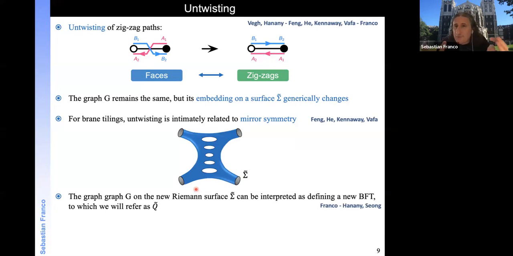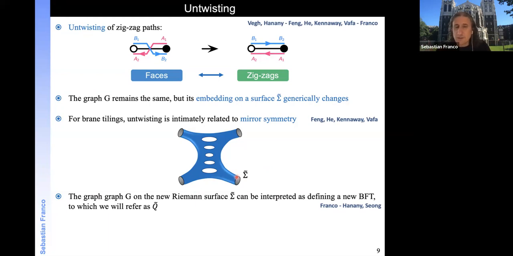But now you have a graph that is embedded on this new surface sigma tilde, like the same original graph. So you can apply your same dictionary of the first slide and say that this defines a new bipartite field theory, which I will call Q tilde.